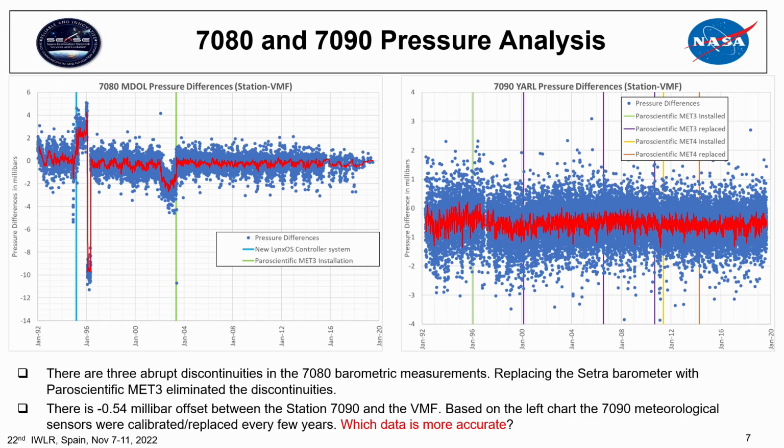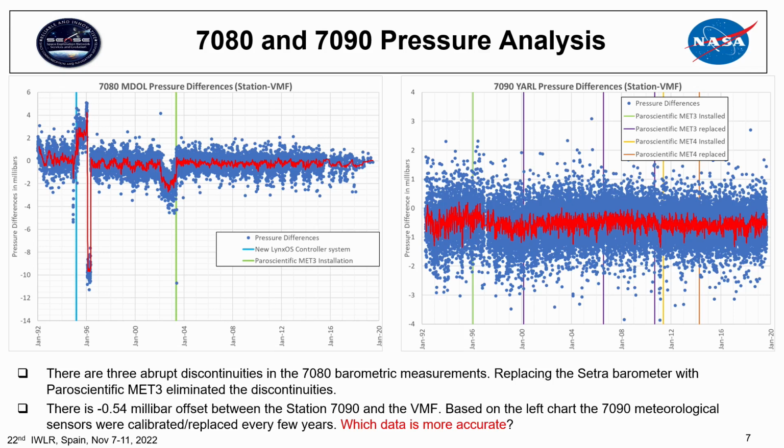Over here on the right is Yarragadee, 7090. And the different lines here are when they updated their barometers. So the red line seems to indicate there wasn't too much variation in the pressure versus the VMF. So there are no obvious discontinuities.